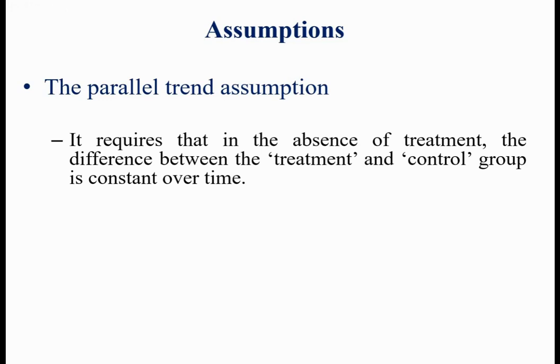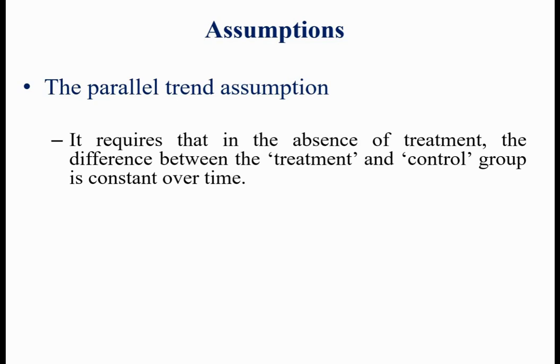And the parallel trend assumption requires that in the absence of treatment, the difference between the treatment and control group is constant over time. So we would want to look at the effect of a particular program on two groups. One group is known as the treatment and the other group is known as the control group.